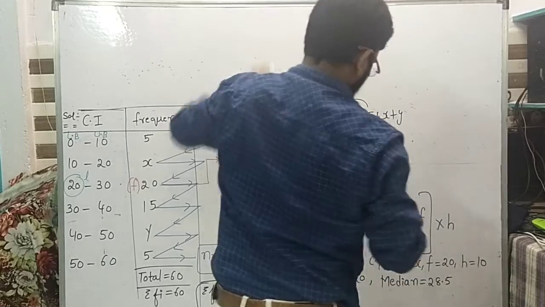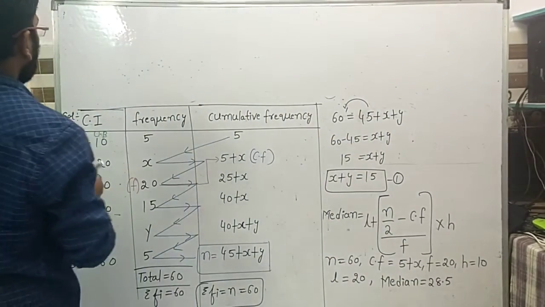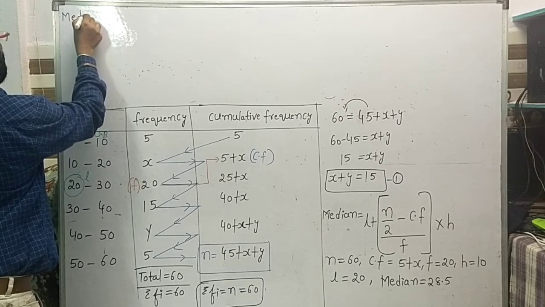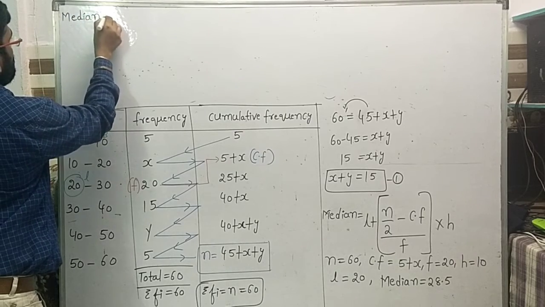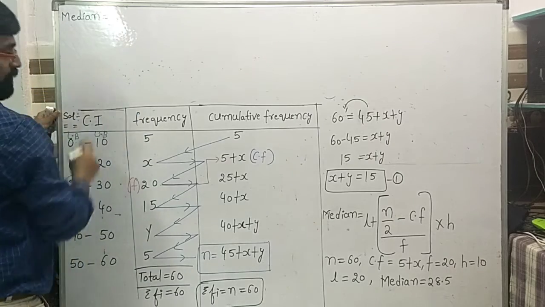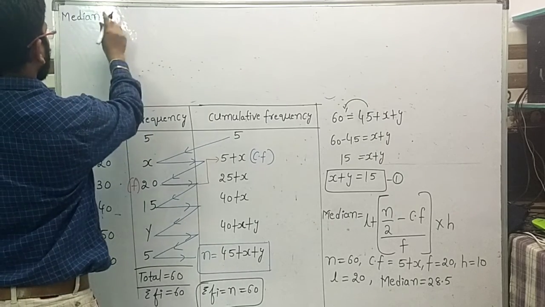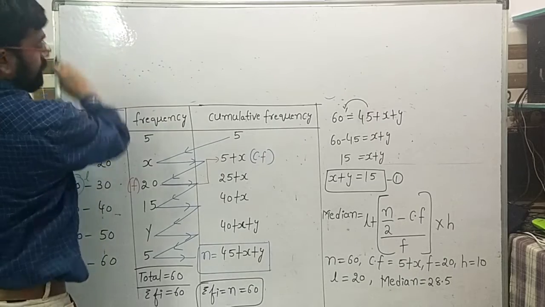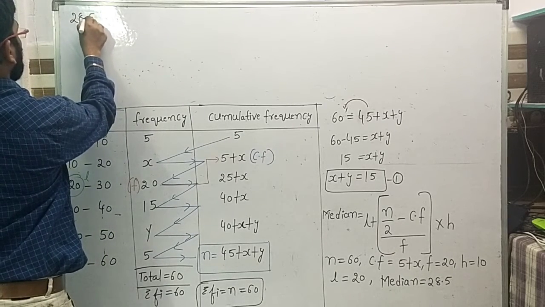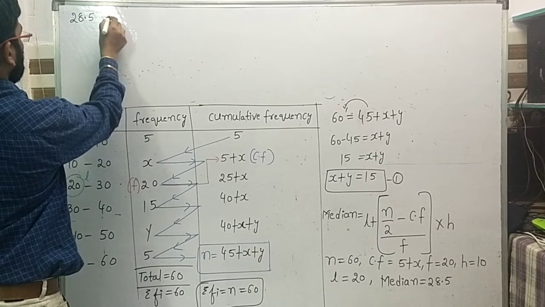So now substitute this in the formula. First of all, the median, which is 28.5, equals L plus... what is the L value?